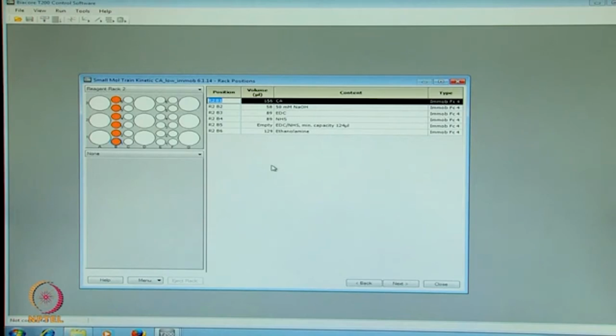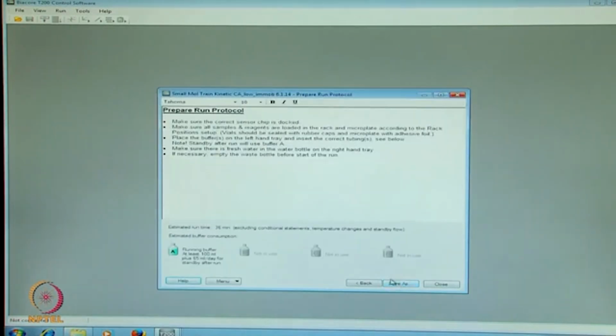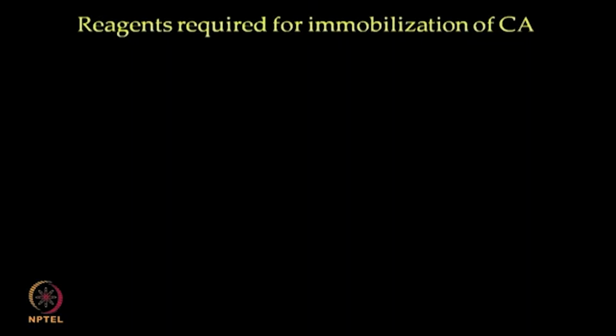Once the template is prepared, we go on to the next tab and we identify the runtime of 36 minutes with a buffer consumption of at least 100 ml for this particular session. As per the volumes listed on the table, we will prepare the buffers and reagents required for immobilization of carbonic anhydrase on the sensor chip.